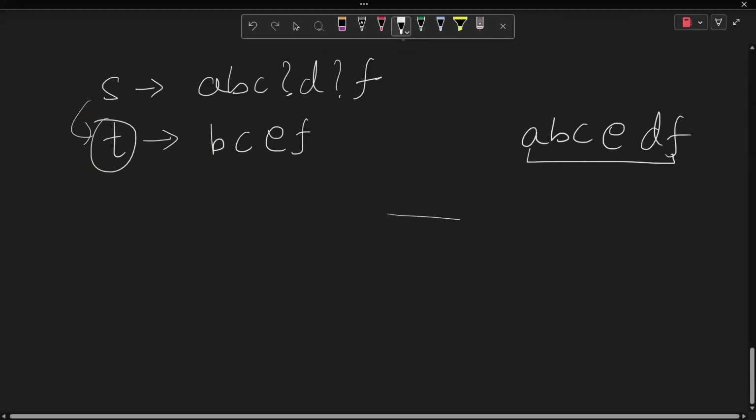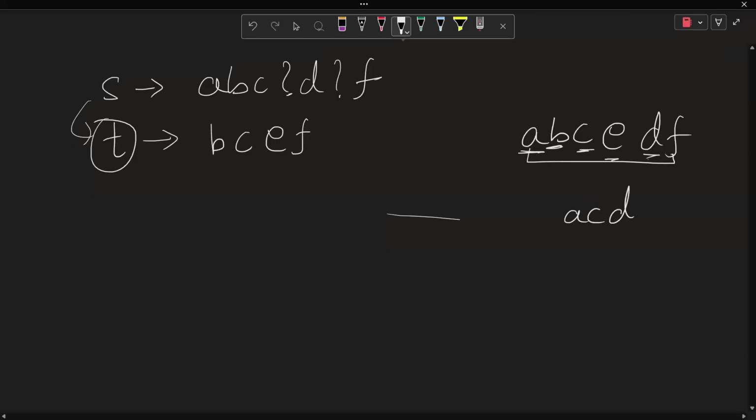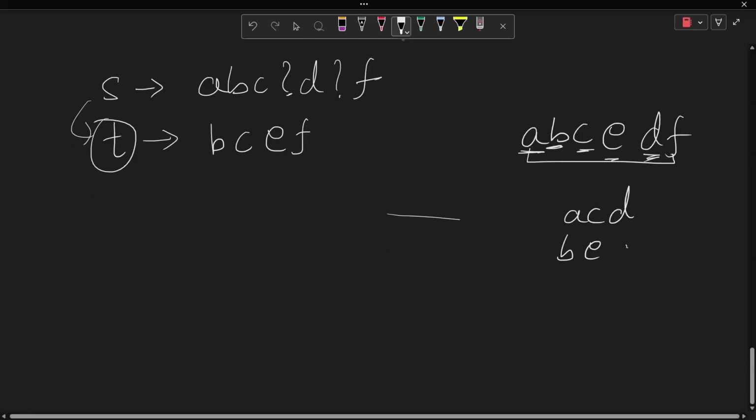What would be the subsequences of that? Let's say we take A, we take C, and we take D. So A, C, D would be one possible subsequence, or we can take B, E, and D. So B, E, D would be another possible subsequence. We can either take any element or not take any element.